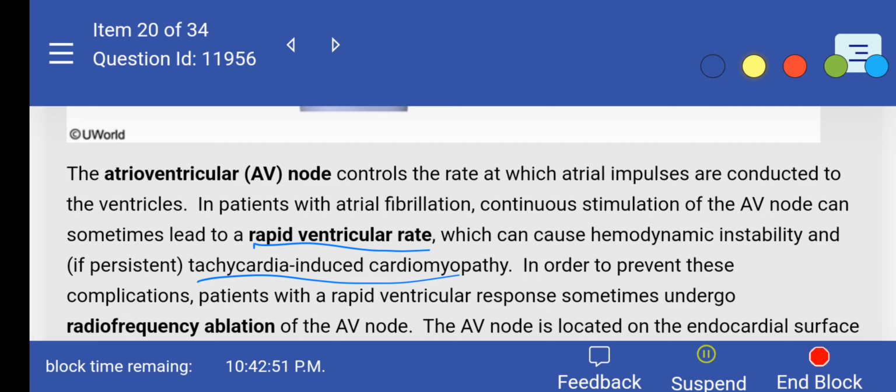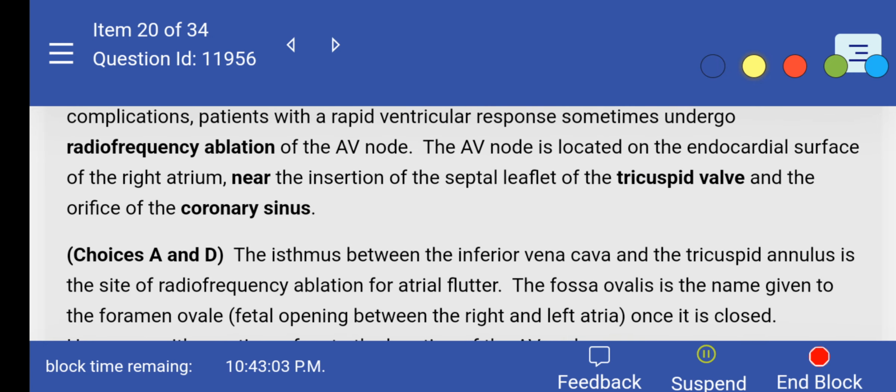In order to prevent these complications, patients with a rapid ventricular response sometimes undergo radiofrequency ablation of the AV node, right? So the AV node is located on the endocardial cushion of the right atrium near the insertion of the septal leaflet of the tricuspid valve and the orifice of the coronary sinus. Right? We talked about this.